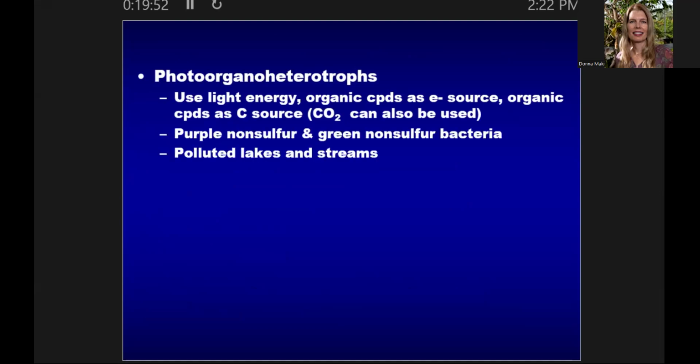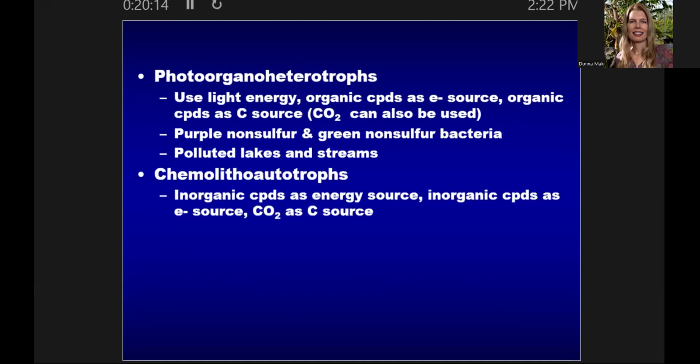So these you tend to find in really polluted areas, especially lakes and streams. You'll see quite a bit of these organisms because they can still access sunlight, but they're surrounded by pollution, organic herbicides and pesticides and other runoff from soils and so forth. And so they're happy in those environments.